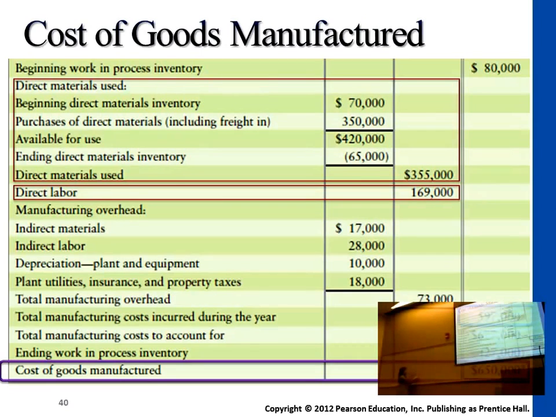We move this number over to the second category. Since we want to get to cost of goods manufactured, we need to add up these three categories. So we take the 355 we just did and add direct labor. This is the first category of costs, direct labor is the second category. Now what about the third category?